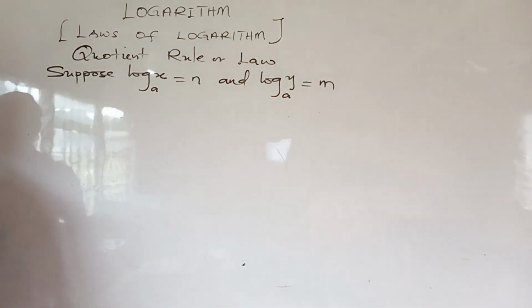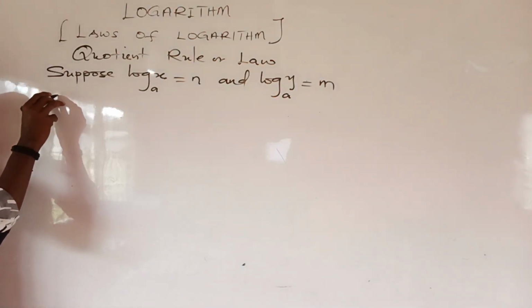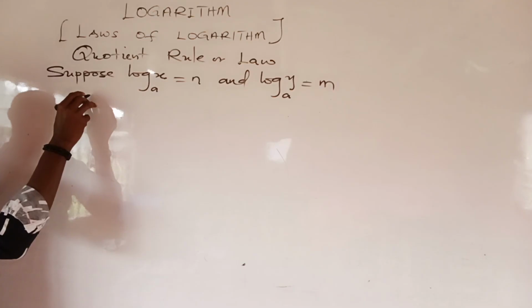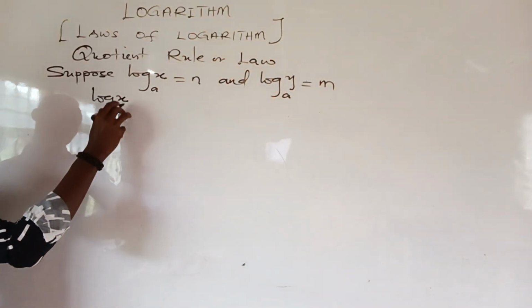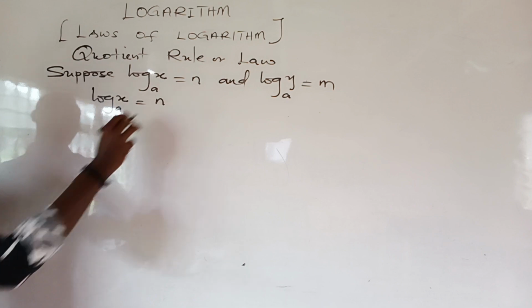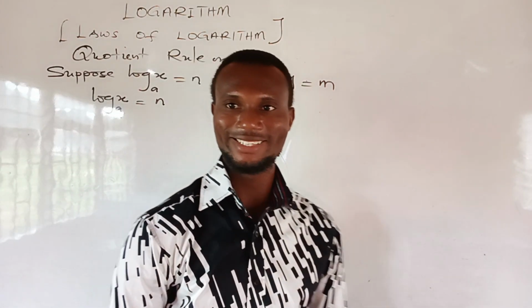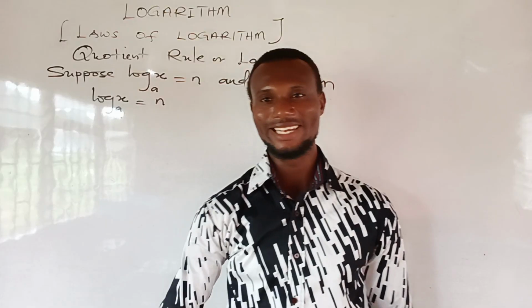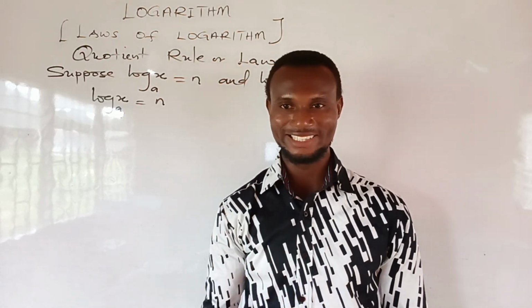I'm going to pick the first equation, which is the log of s to the base a equals n, and I'm going to write this log equation in a form that it does not contain any more log inside.